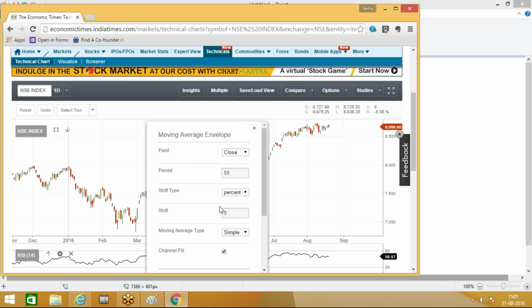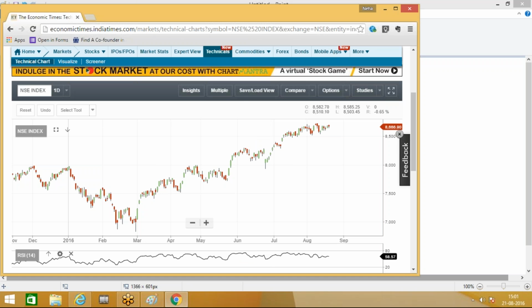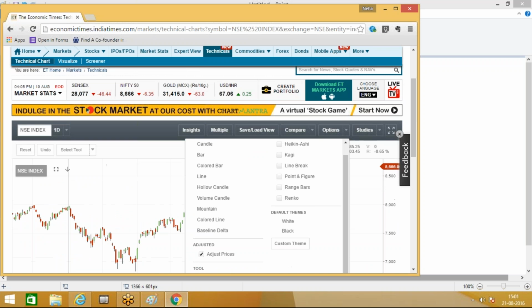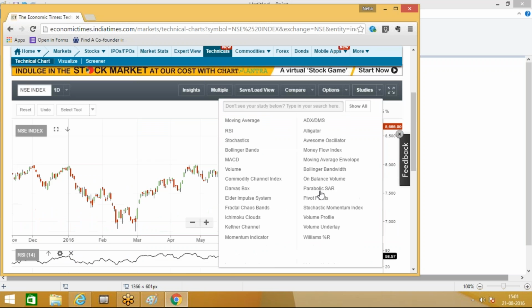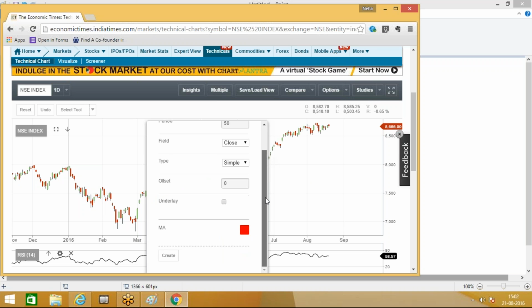Is this on? I'm not sure if this one is the moving average. Let me just try. Yeah, this one, moving average. So let us first draw a 50-day moving average.